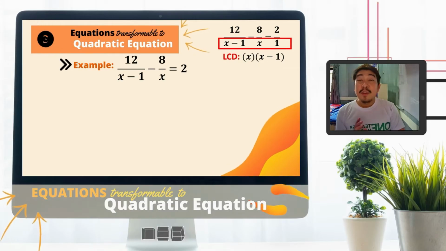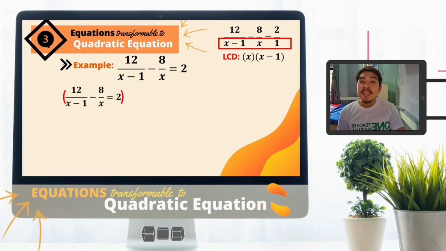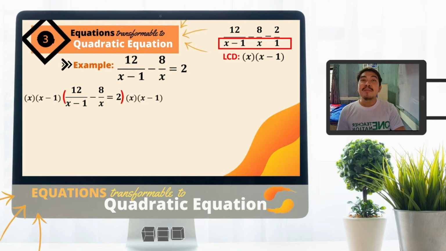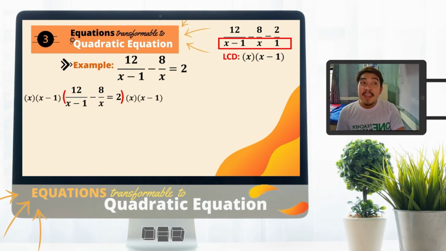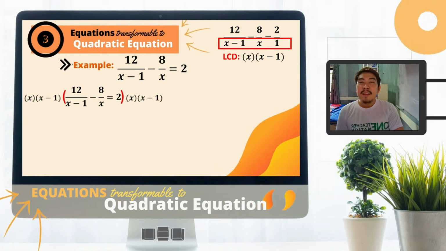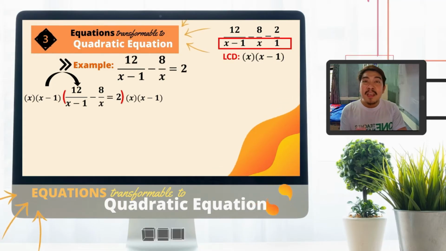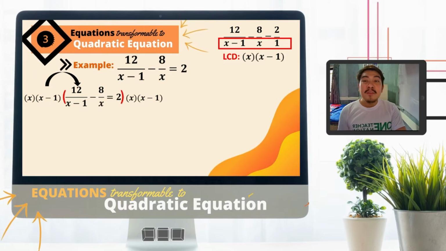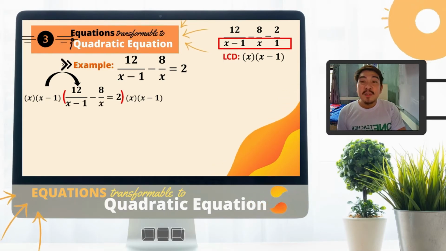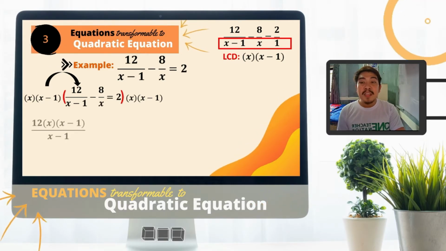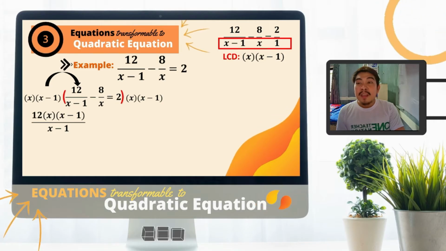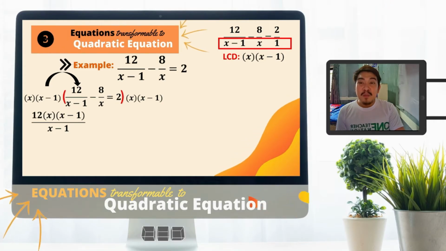Okay? So if that will be the case, ayan ang original equation, i-multiply natin both sides by the LCD, x times x minus 1. So i-distribute natin, ayan, the LCD na x times x minus 1 multiplied by the first term, which is 12 over x minus 1, magkakaroon tayo ng 12 times x minus 1.